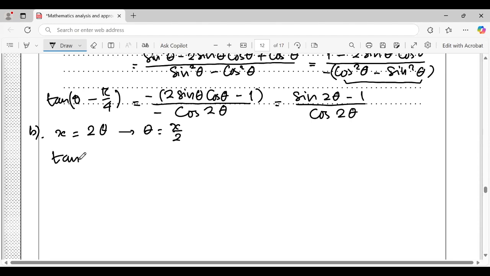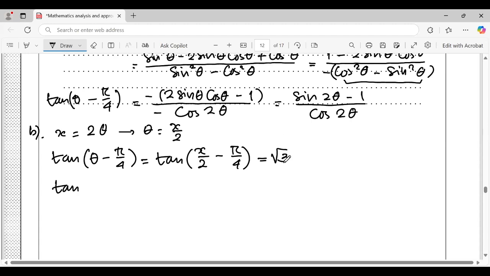According to the expression proved, this is tangent theta minus pi quarter. Substituting theta equals x half, it becomes tangent x half minus pi quarter, which equals square root 3.